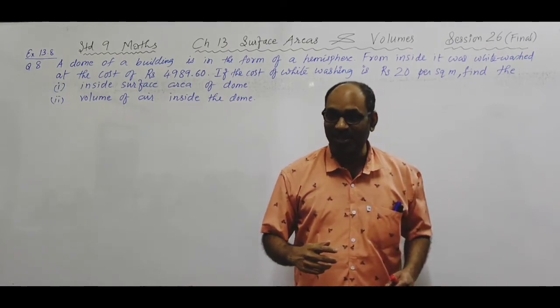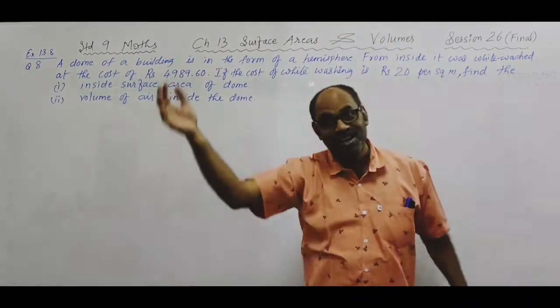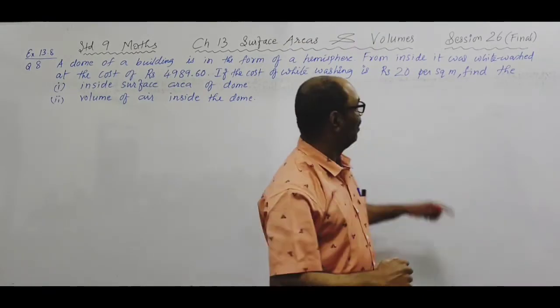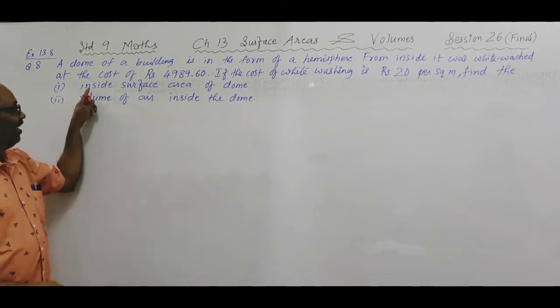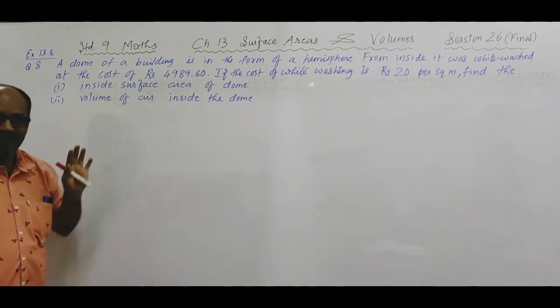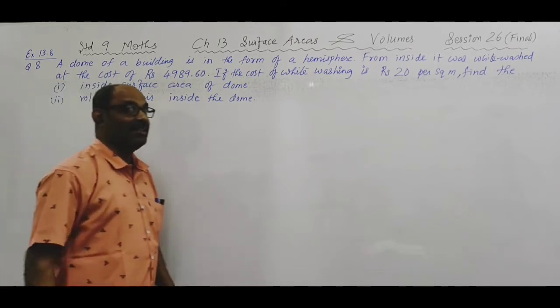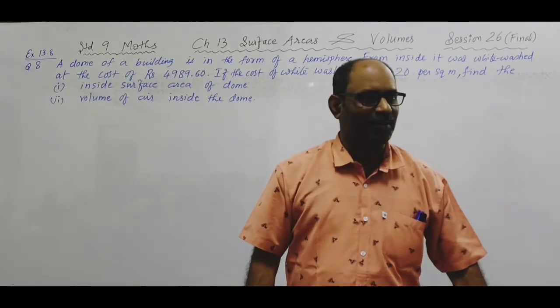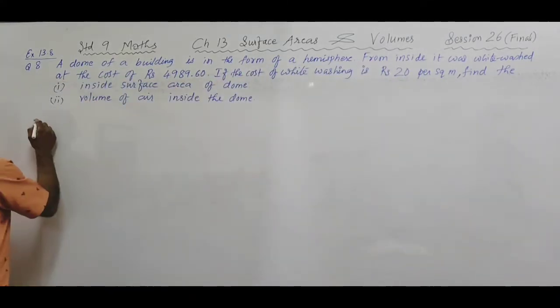Simple cross multiplication, and you will get the inner surface area of the dome. Find two things: the inside surface area of the dome, and the volume of air inside the dome. The second question we can attempt later. First, we'll try to answer this.